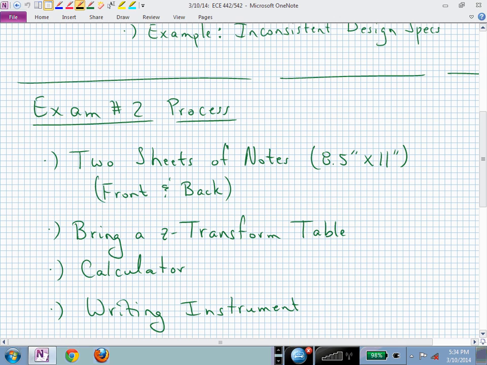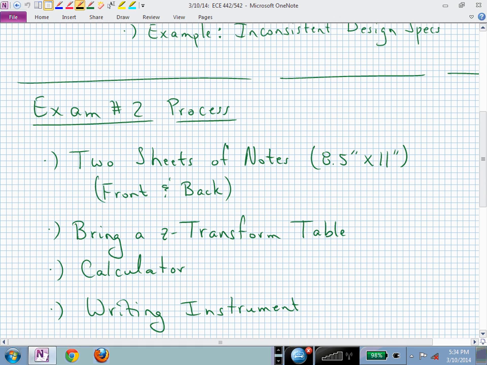Exam 2 process. First the do's, and then the don'ts, or the yeses and the nos. This is a digital class, so we have zeros and ones. Here are the yeses. You can bring 2 sheets of notes, so you can bring your original sheet and a second sheet, and it can be front and back, 8.5 inches by 11 inches. You can bring a Z-transform table.